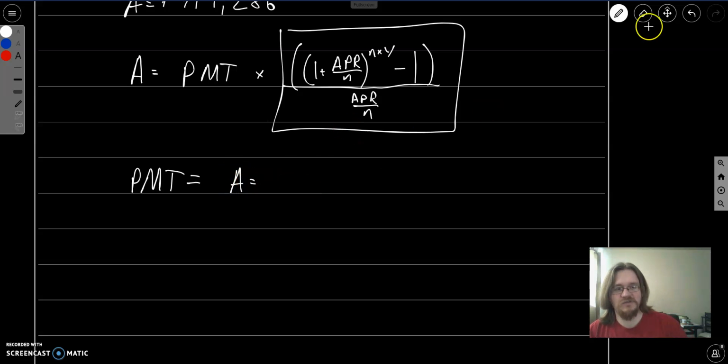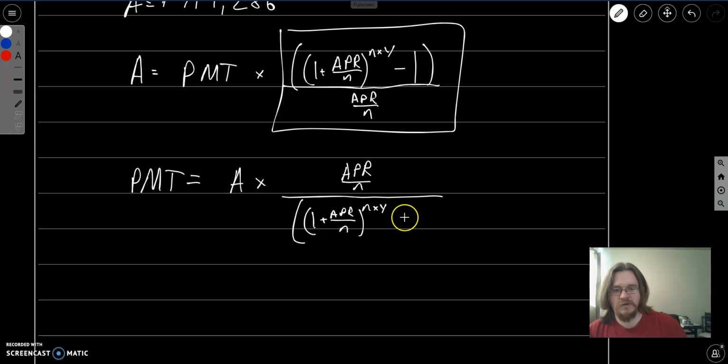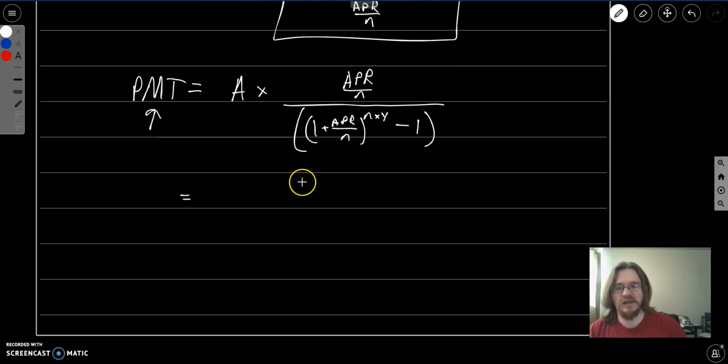So it's going to be A times this fraction, but flipped over. So here is our formula for monthly payments. It's going to be what account balance we want times this ugly fraction, but it's something that a calculator could handle.